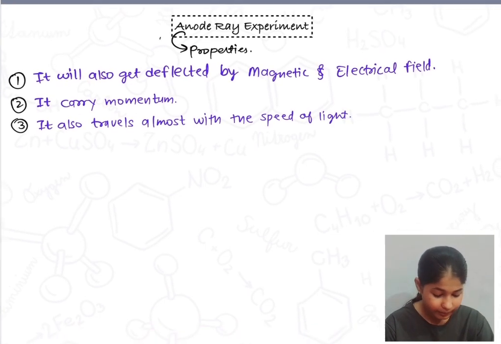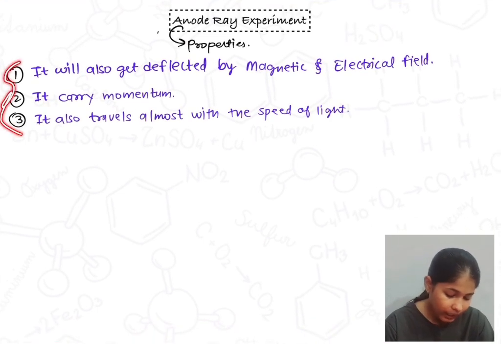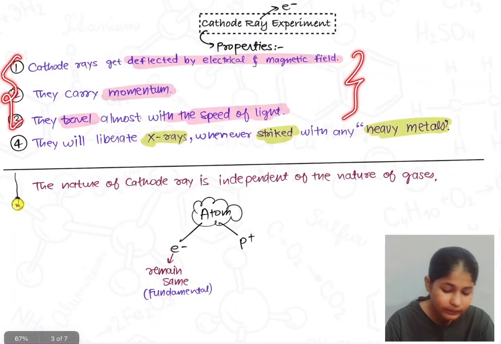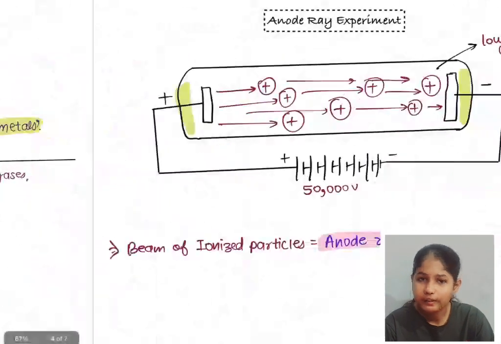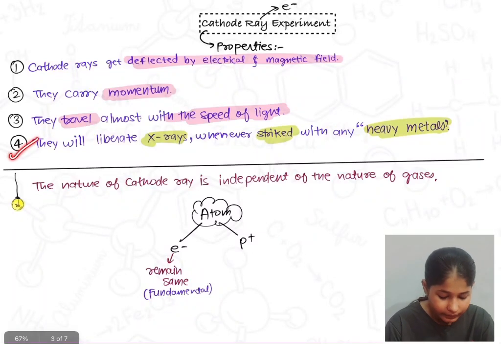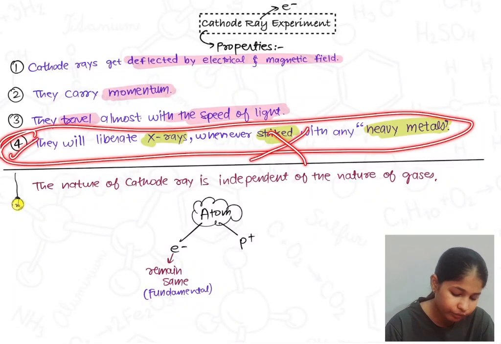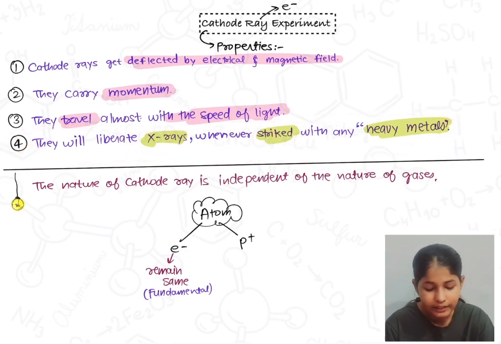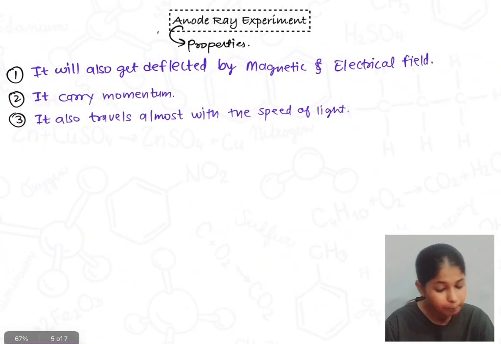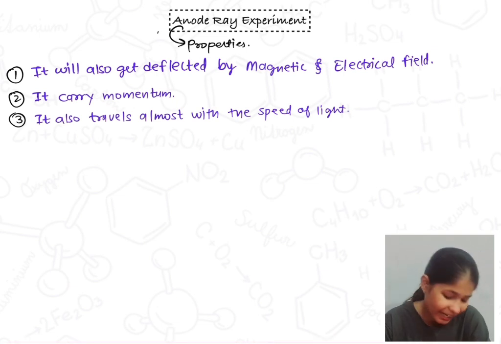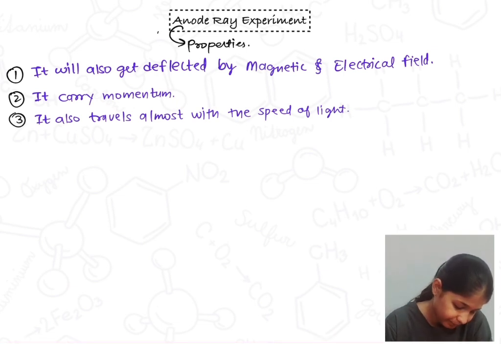So you can see that these three properties are actually the same. Okay, but in our anode ray, this property was not there. There was no property like this in case of anode ray. But now let's talk about our main difference that I was talking about.